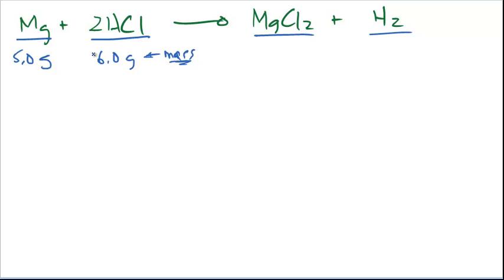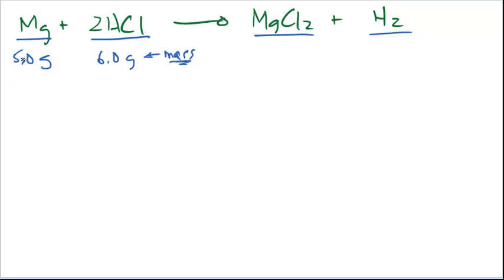If you're given starting amounts in terms of mass, the only way that you can figure out which one is the limiting reagent is to first convert them, and you knew this was coming, into moles. All right, so we need to do a mass to moles conversion real quick, and that's why it's important that these mass to moles conversions be becoming second nature.